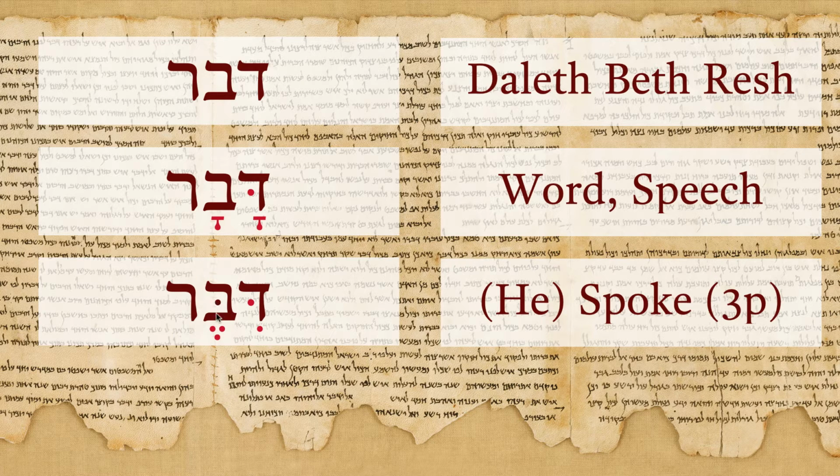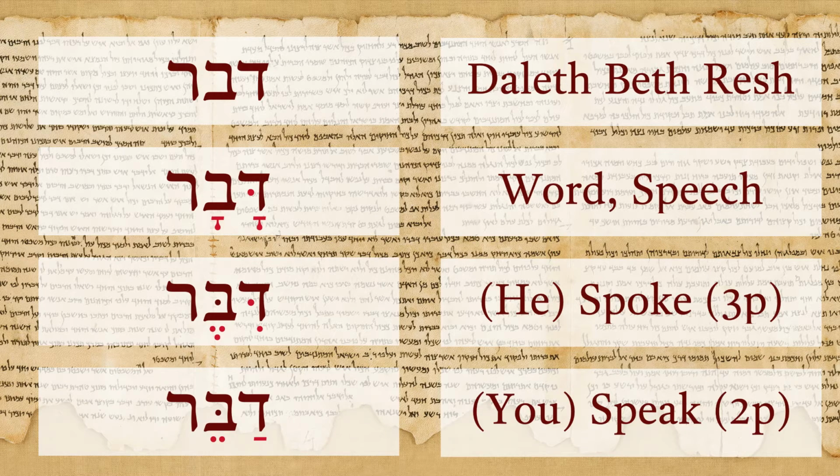Here it is ber sound because of the dagesh, diber, which means he spoke in the third person, masculine. If it is daber, then it is second person masculine. We are telling the second person to speak. And therefore, vowels are important, and vowels determine how the words are pronounced, and they have different meanings.